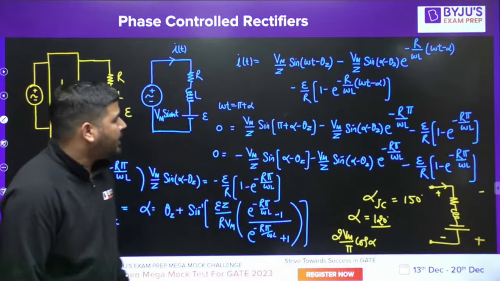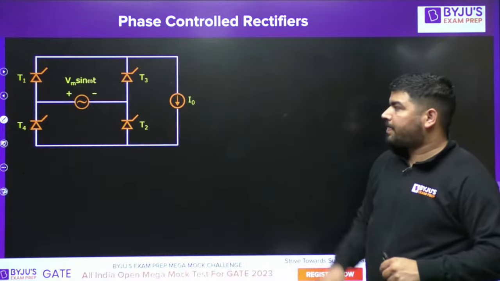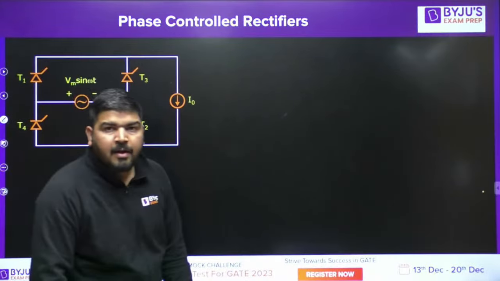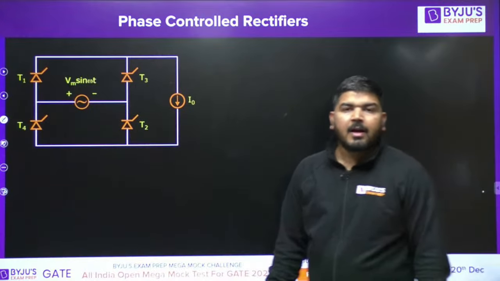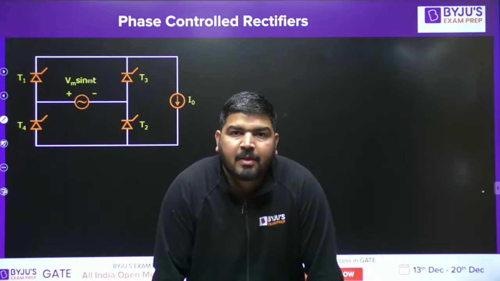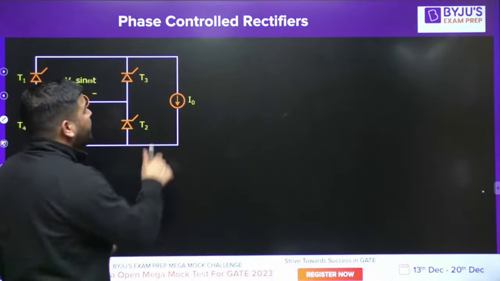Now let's come to this case. Now I have this current source. In case of current source, we know that conduction will always remain continuous. There is no point of thinking about it. If there is a current source, current will always remain continuous.